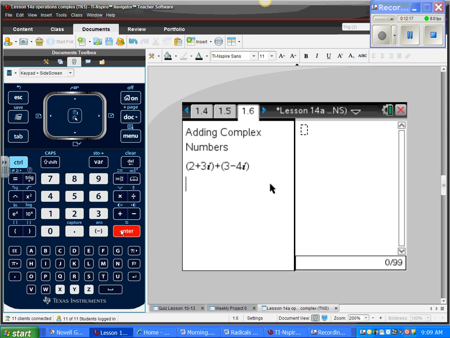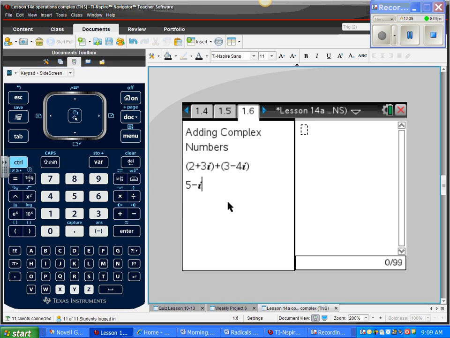I have my real terms and my imaginary terms. What are my like terms here? 2 and 3, which gives me 5. Good. 3i and negative 4i. What's 3i minus 4i? Negative 1i, so minus i. So just combining like terms.